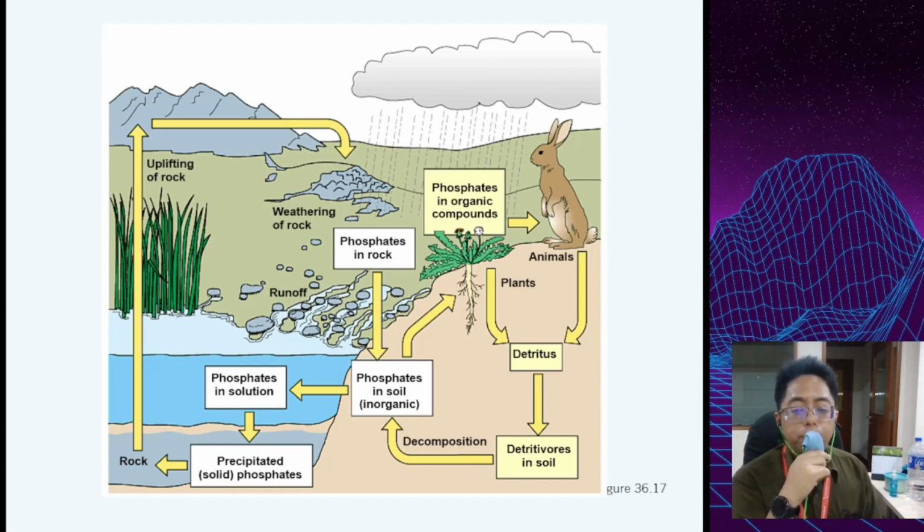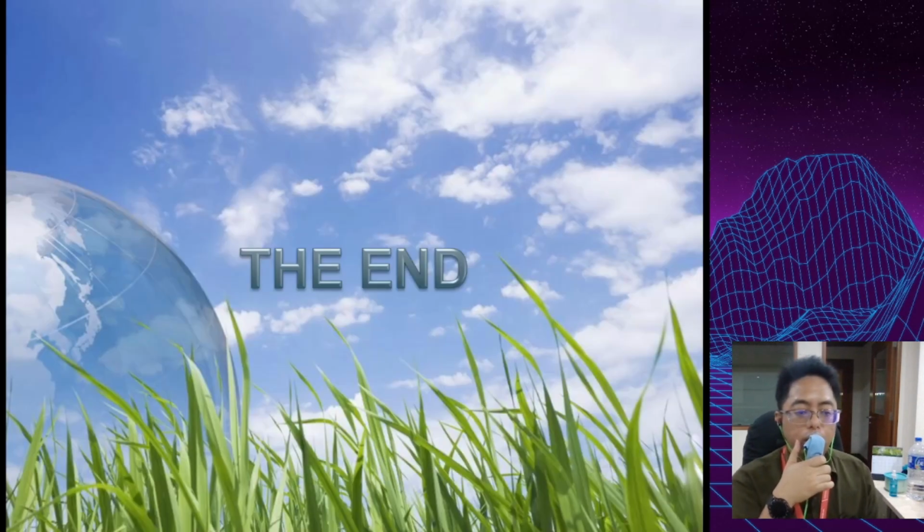Okay, so the phosphate in the soil can go into solution due to runoff, and it can slowly sink into the bottom of the body of water as rock. So they will precipitate. So the rock is where they will remain for years and years and years until they are uplifted again. Right? The end.